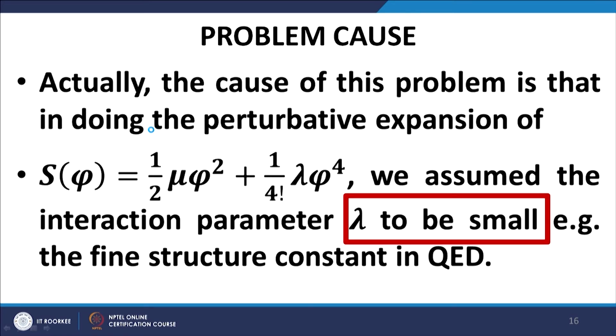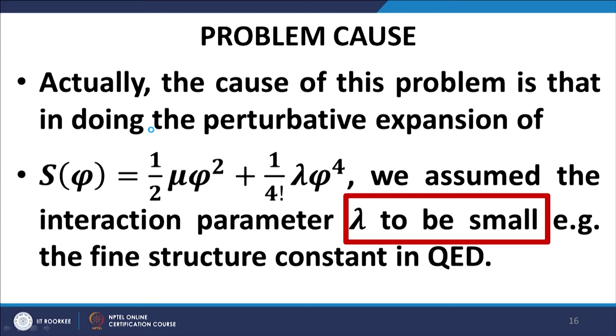Let us see what is the cause of this problem. We started with the action 1 upon 2 mu phi square plus 1 by 4 factorial lambda phi to the power 4, and we assumed fundamentally that lambda was small. Only then we did the perturbative expansion.